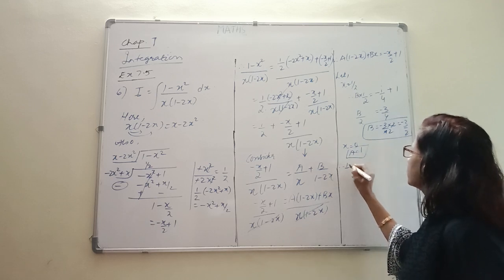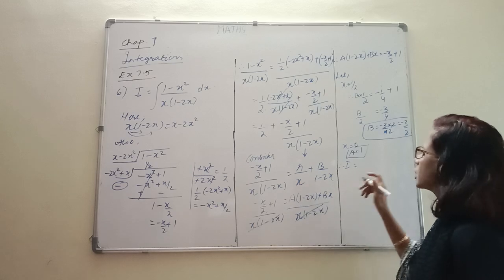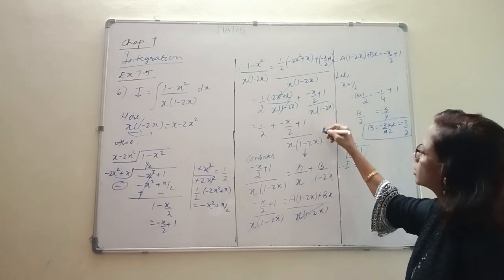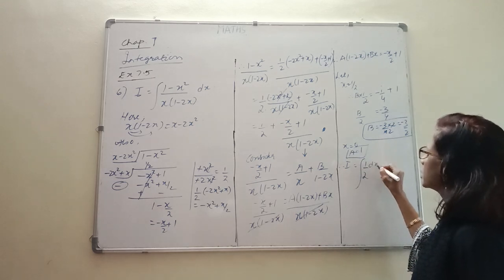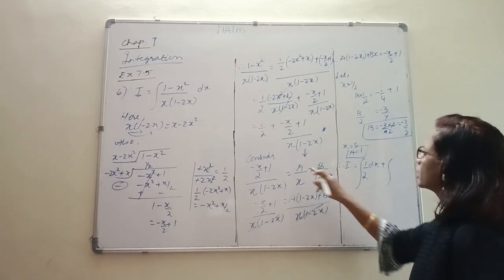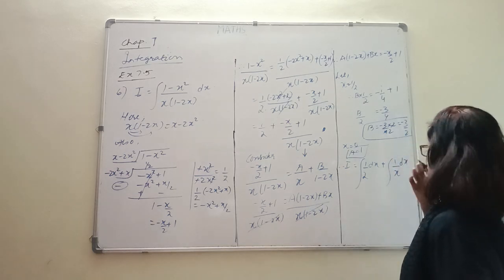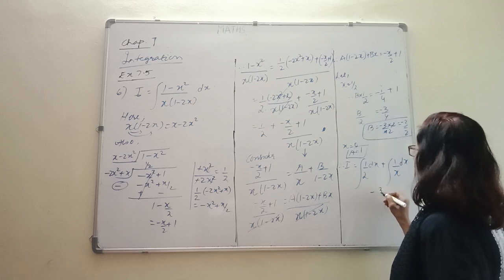Now let's go back to I. Once you get A and B, then I is very easy. So I is not this, you have to take it from here. I is going to be half dx for the first term, and the second term, A, that is 1 over x dx, and then B, which is negative 3 over 2.